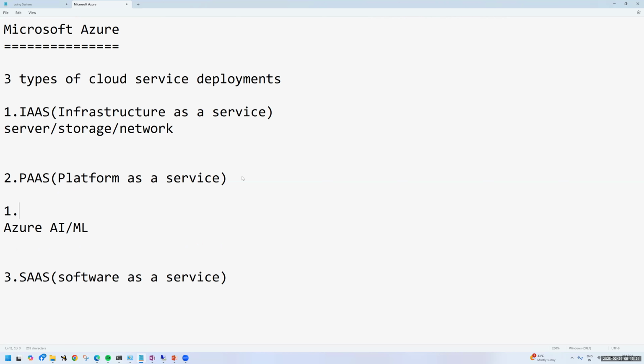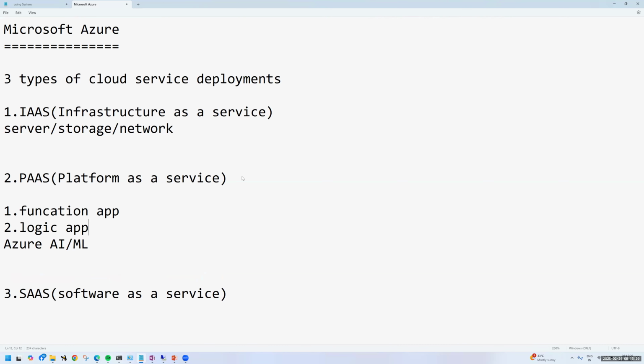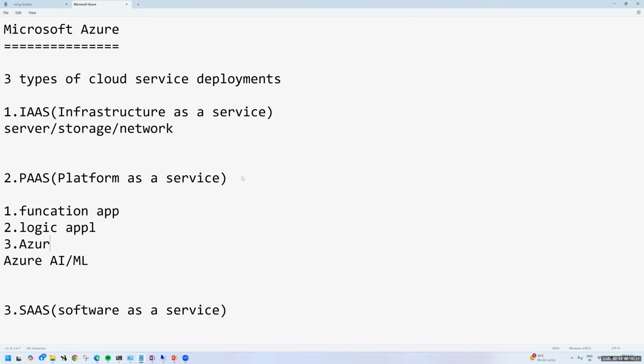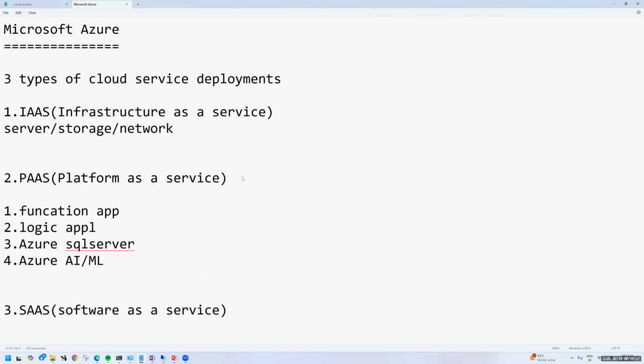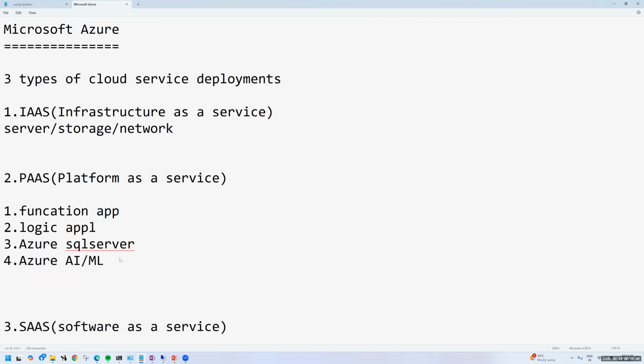Microsoft introduced in the PaaS services: one is function app, I hope you might have heard about it. Second one, logic app. Third one is Azure SQL Server. Fourth one, as I said, Azure AI services. 90% of Azure AI services are deployed on PaaS, guys. Next, Microsoft Entra ID, formerly called Microsoft Active Directory.